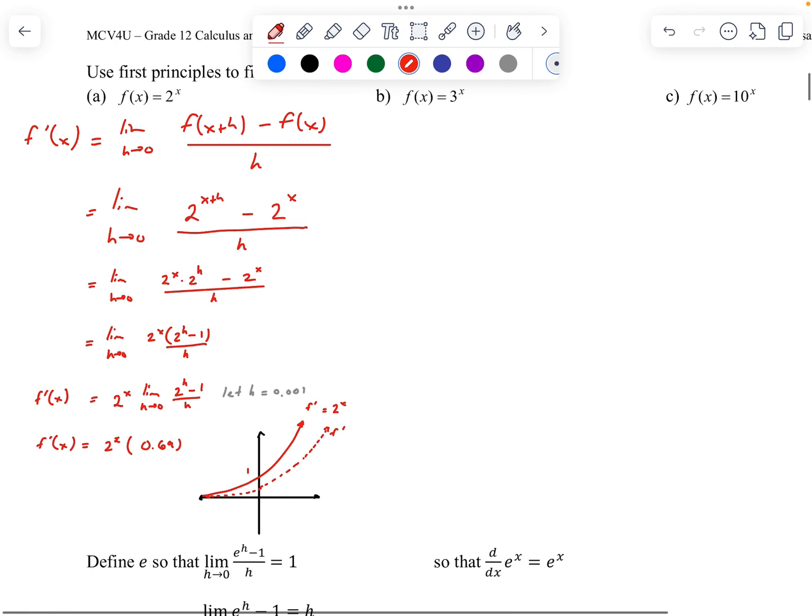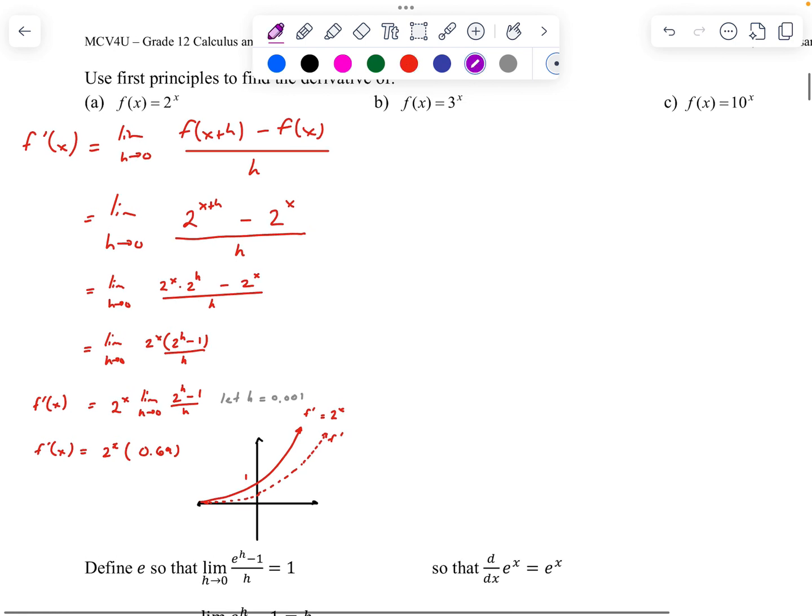Let's do the same for 3 to the x. The derivative of 3 to the x, well, let me skip the first step and go, it's the limit as h goes to 0, 3 to the x plus h minus 3 to the x all over h. I can skip all these steps because they all happen exactly the same way, except the bases are 3 instead of 2. I can skip to the very last step.